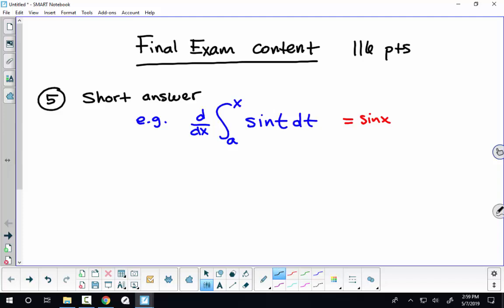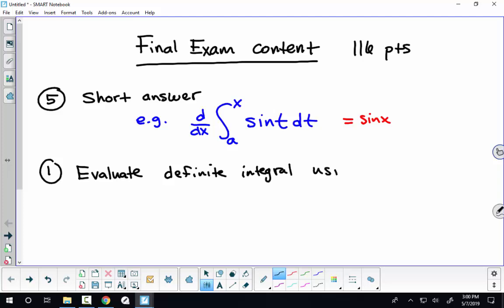Okay, there's one question where you have to find the net area using the definition. So evaluate a definite integral using the definition, which is the limit of the sum definition.